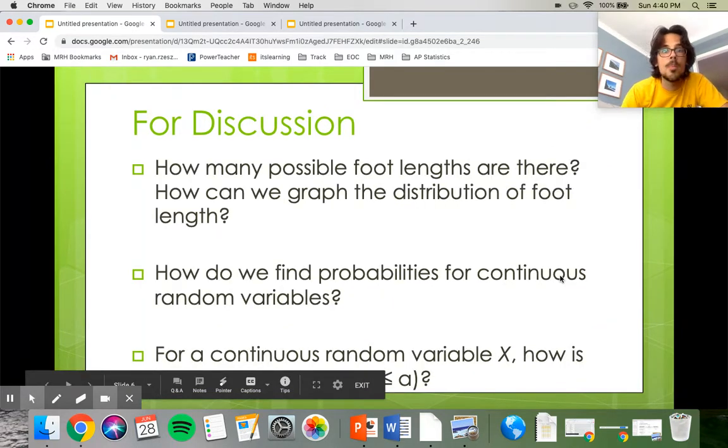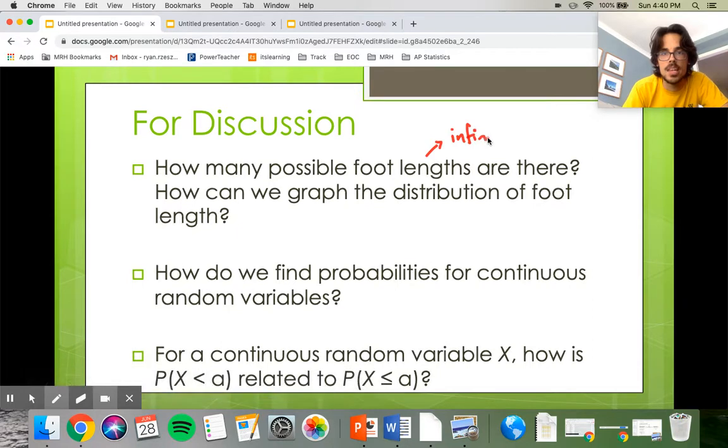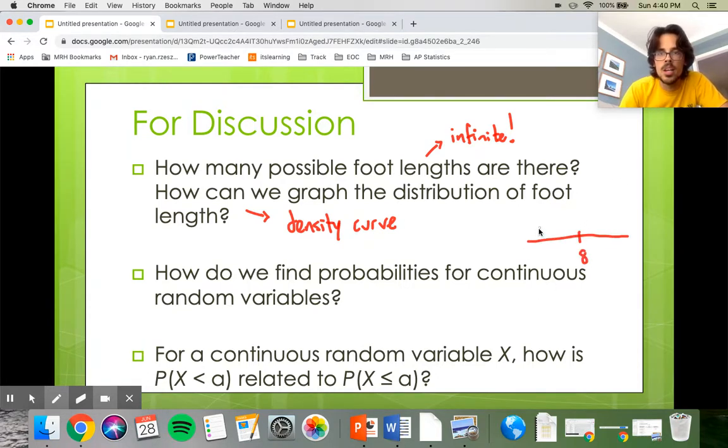Okay? How many possible foot lengths are there? There are an infinite number of possible foot lengths if you take enough decimal spots. So how can we graph something with an infinite number of possibilities? We'll use a density curve. You can't graph every single last possibility, but if we're looking at things like foot length and maybe 8 inches is relatively common, you could have lots of people who are in the 8 range, and then we have less so. I made that look sort of normal.